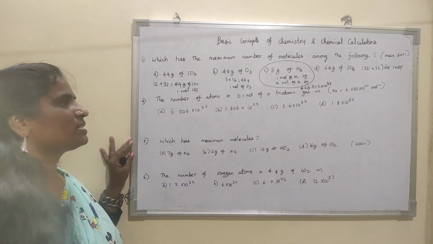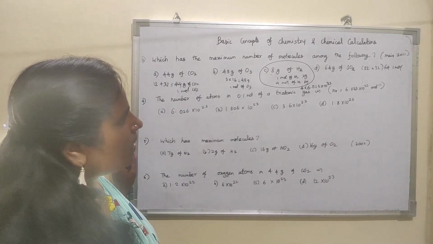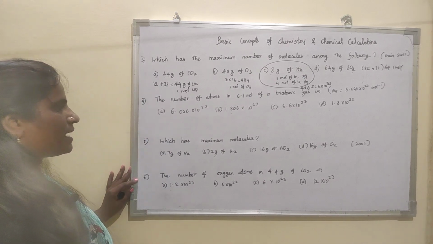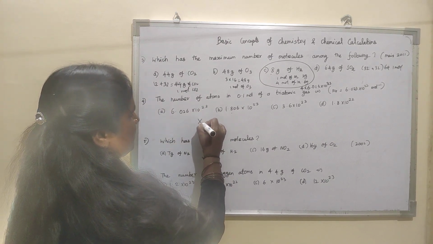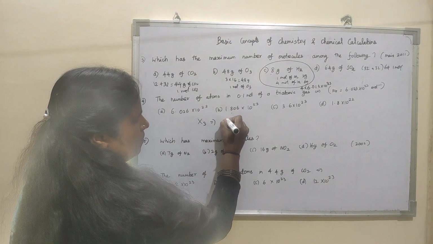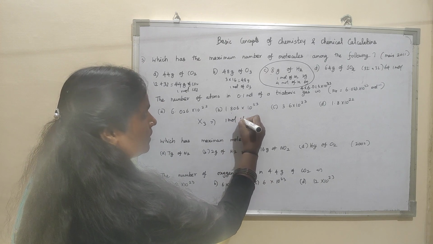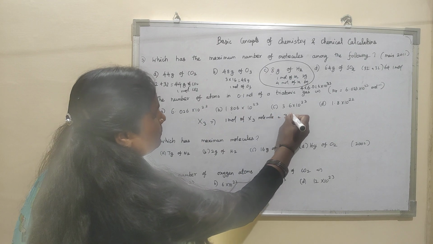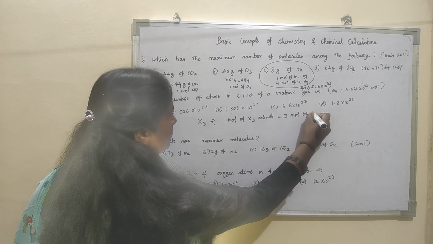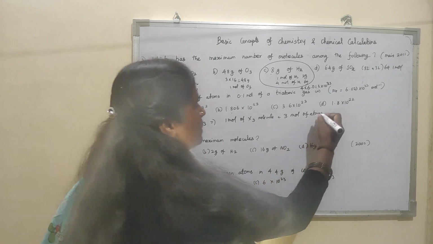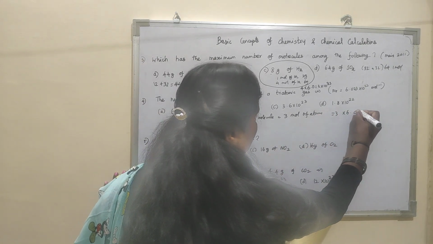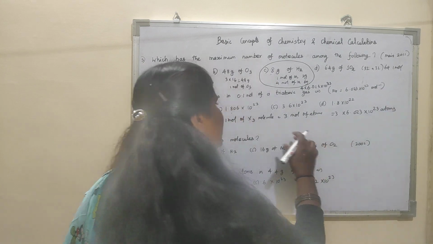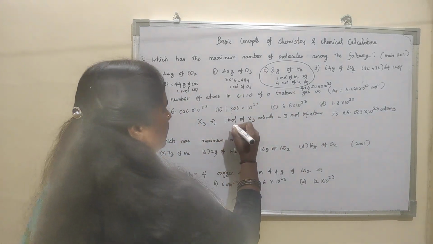The second question is: the number of atoms in 0.1 mole of a triatomic gas. Just imagine the triatomic gas as X3. 1 mole of X3 molecules contains 3 moles of atoms, which means 3 into 6.023 into 10 to the power 23 atoms. The given data is 0.1 mole.